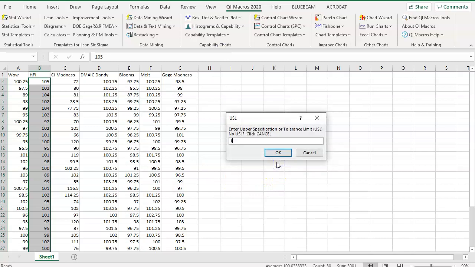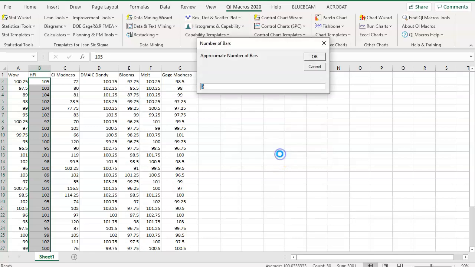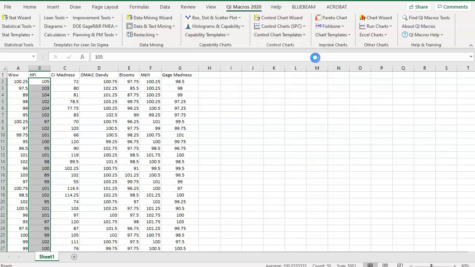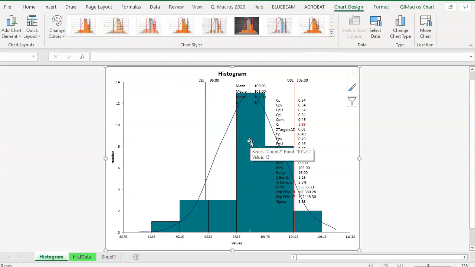The upper spec is 105, and the lower spec is 95. We got this information just from the case, the way it was set up. Those were the needs of the customer. And I'm just going to use the default value for number of bars. And there's a histogram showing the results.